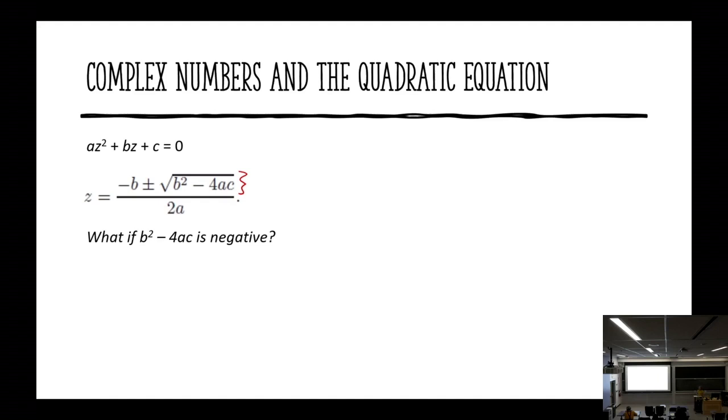So when our discriminant there is negative, we have to invoke the definition that i, this is the imaginary part of our complex number, is equal to the square root of -1. And so that gives us i squared equals -1. So if we have something like the square root of -16, that's just going to equal 4i. Or if we have i cubed, that's equal to -i.